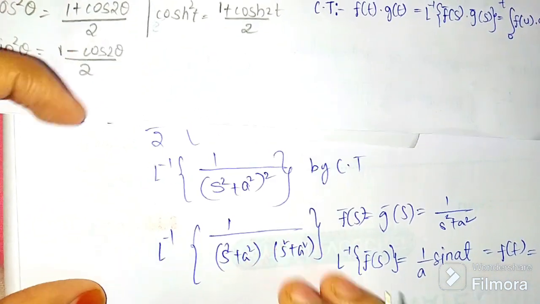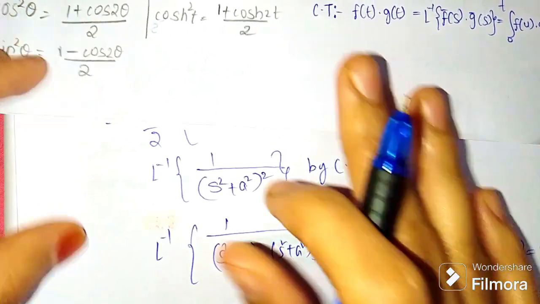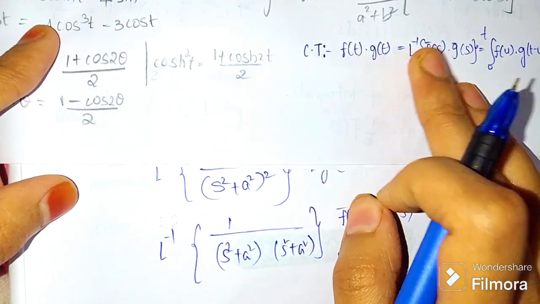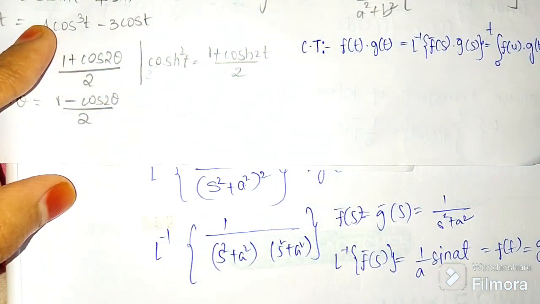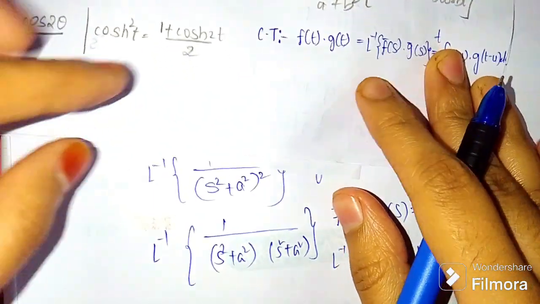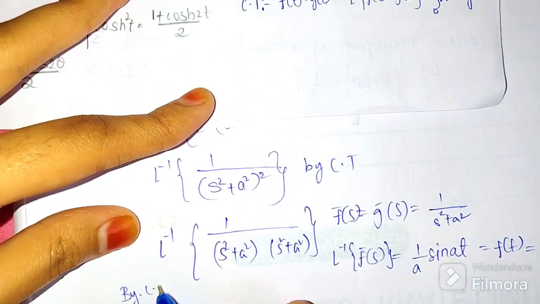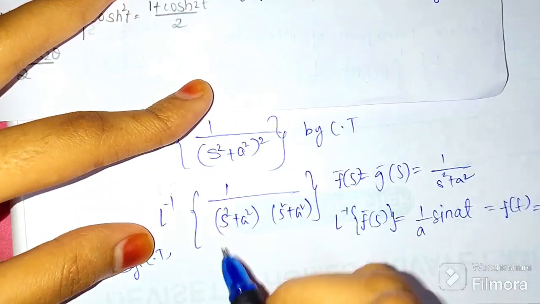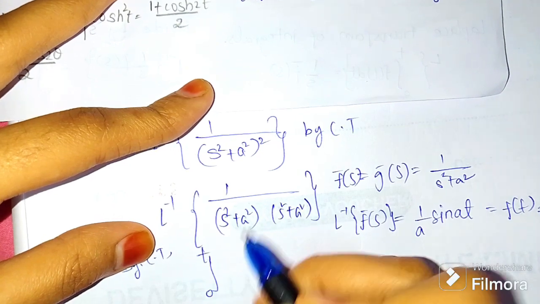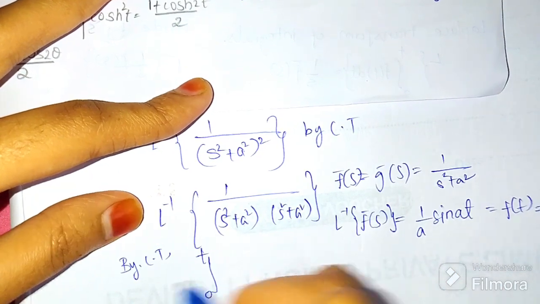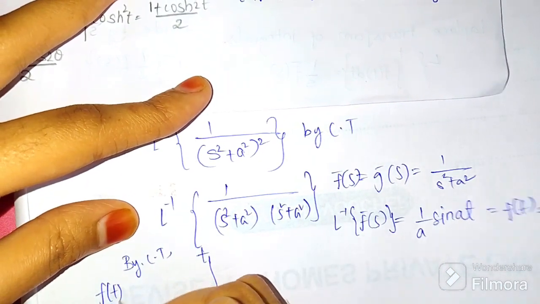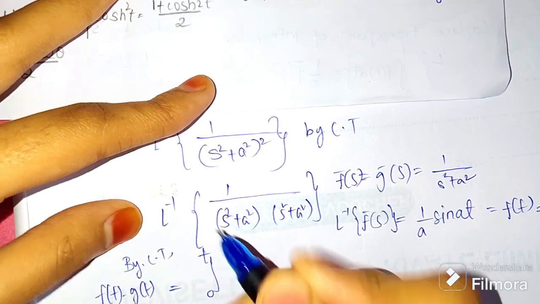Okay, so now by convolution theorem, f of t into g of t is equal to Laplace inverse of f bar of s into g bar of s equal to this, no? So let's put directly by convolution theorem, integral 0 to t f of u. So here write f of t into g of t, 0 to t.